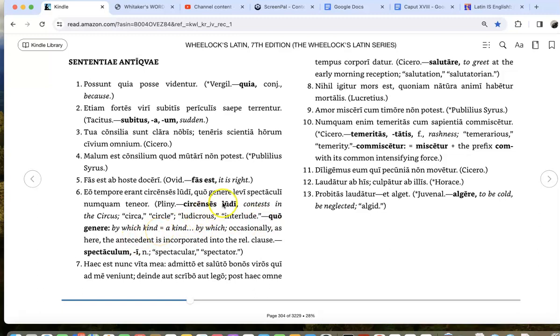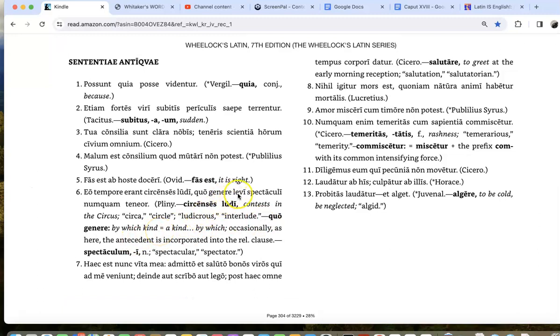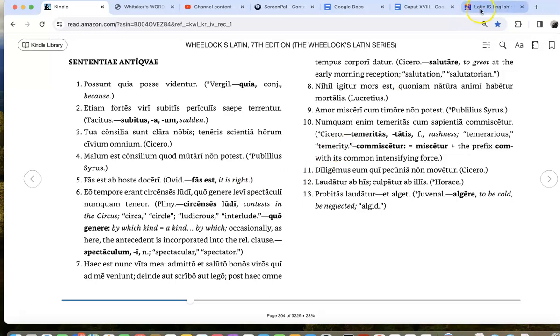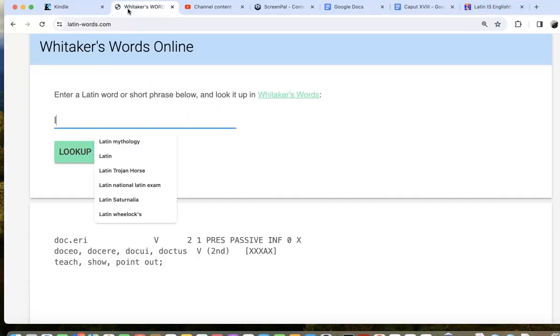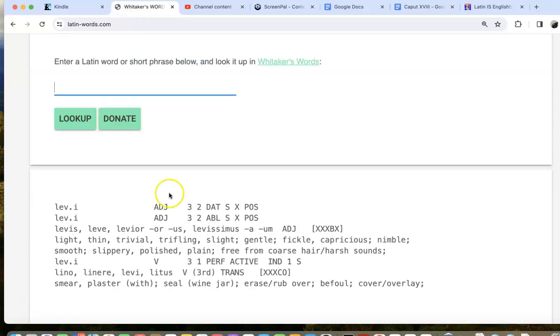And then here's where it gets a little bit tricky. Levi spectaculi numquam tenebar. So levi spectaculi is literally trivial games, like with levity.